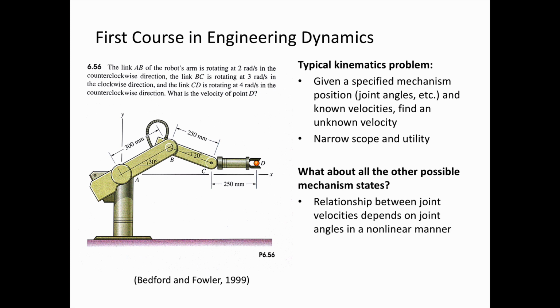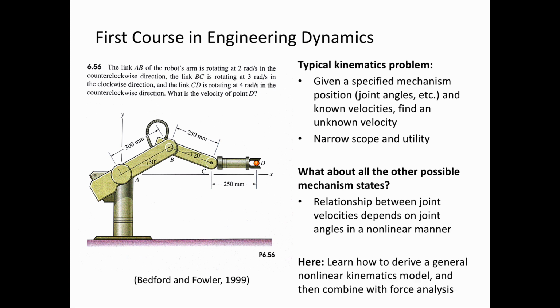And what we usually call that is the configuration space. So if we specify the position of a robot with respect to its joint positions, that vector quantity describes the position in a space called the configuration space. The actual physical space, think about where point D is in this physical 3D space, that's what we call the workspace. And we want to be able to map the configuration space to the workspace.